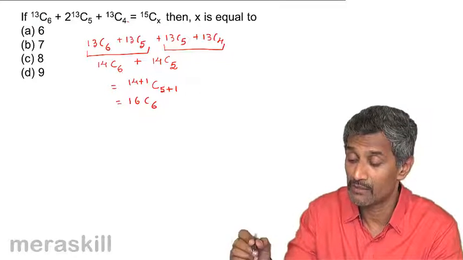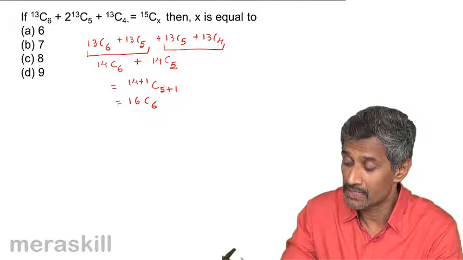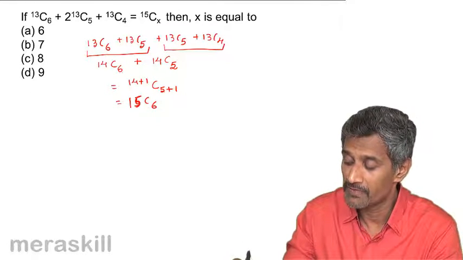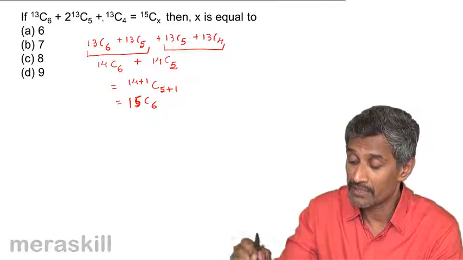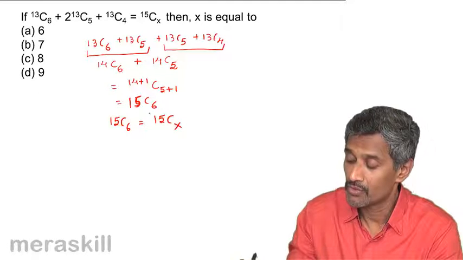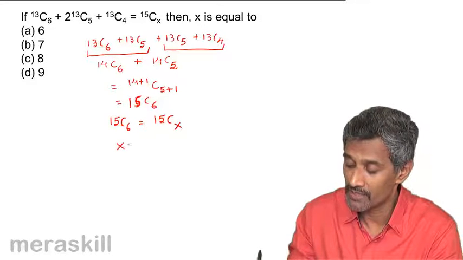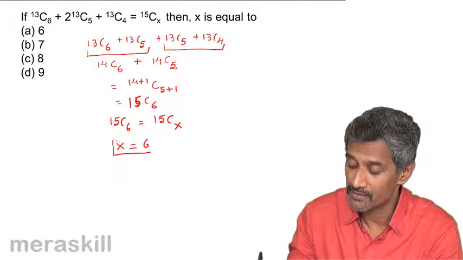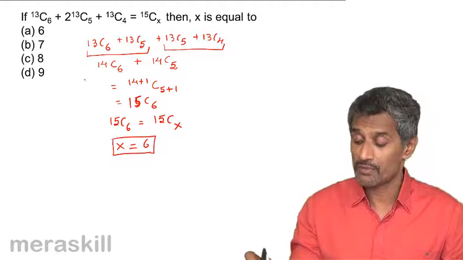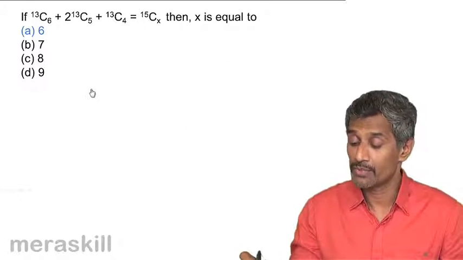So the left hand side works out to be 15C6, right hand side is 15Cx. So x turns out to be 6. So among these values, x will be equal to 6, and yes, we do have it that way.